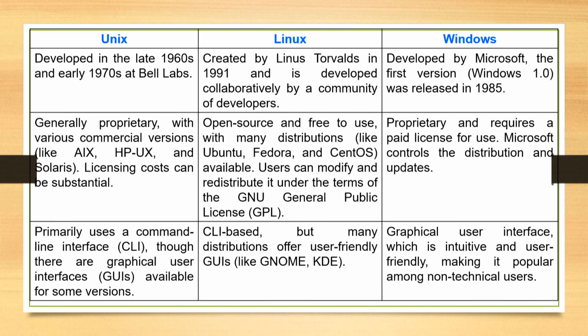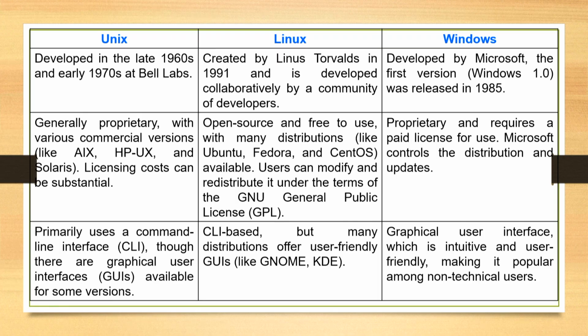But they are different from each other depending upon whether they are single user or multi-user, multi-processing, multitasking, multi-programming. So we will discuss in detail how these popular operating systems are different from each other.